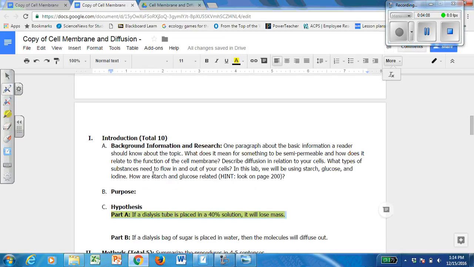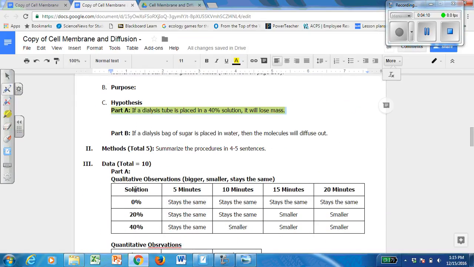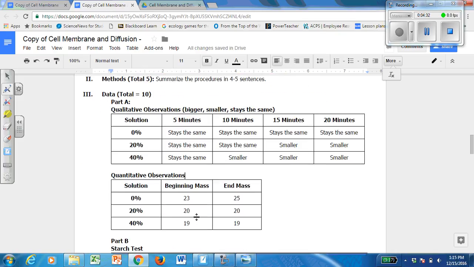So when we look at the data here, and this is what we collected, after 5 minutes, everything stayed the same. After 10 minutes, it looked like the 40% was getting smaller. After 15 minutes, it looks like pretty much the sugar solutions were getting smaller, and the same at 20 minutes. After 20 minutes was up, we came and looked at the data again.